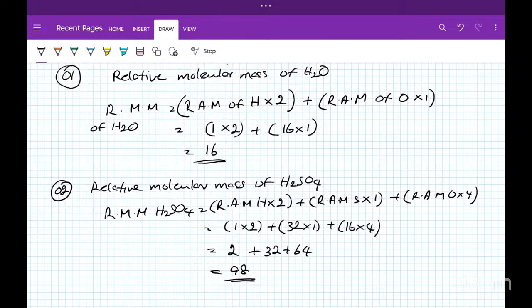Oh, so my calculation was wrong. That is 18, yes, correct. 16 into 1, 1 into 2, that is 18.